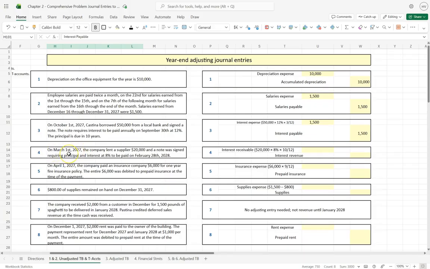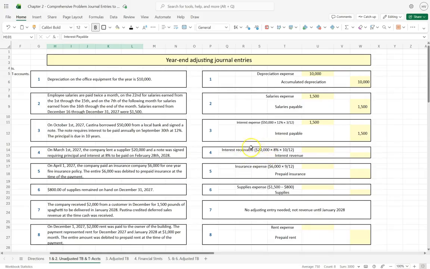So from March 1st of 2027 to December 31, 2027, the supplier owes us interest for that period of time. And so we need to record a receivable for that amount. We're going to debit interest receivable.